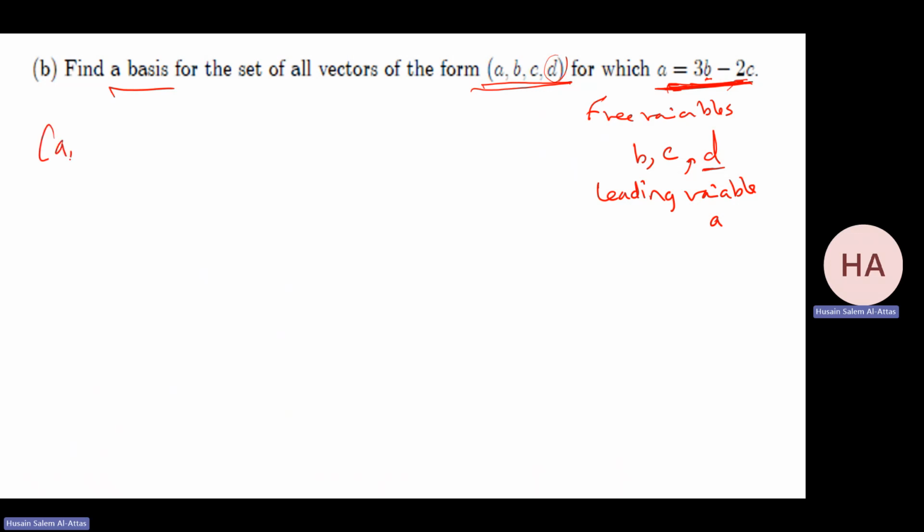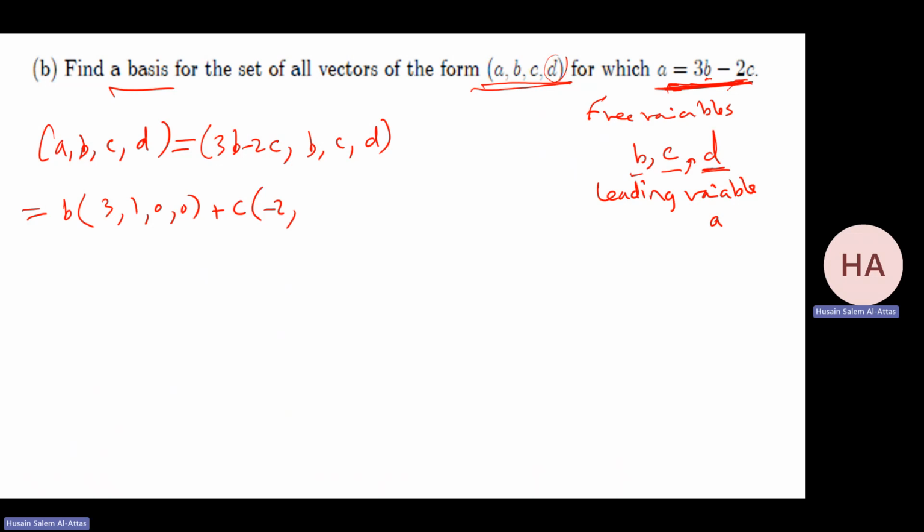So the set A, B, C, D can be written as 3B minus 2C, B, C, D. Usually I write things in terms of these free variables. I take B as a common factor. I have 3, 1, 0, 0. I take C as a common factor. I have minus 2, 0, 1, 0. If I take D as a common factor, it will be 0, 0, 0, 1.